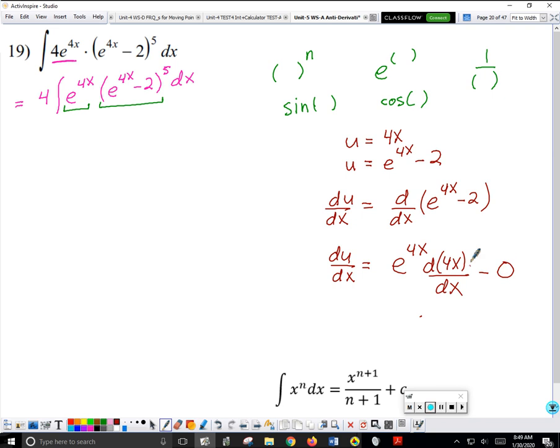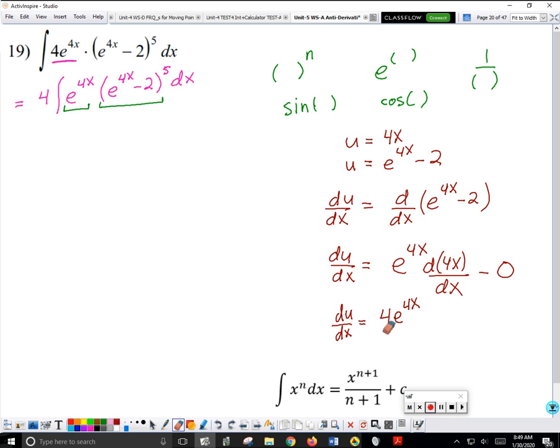So that's just 4. So now I have du over dx equals 4 multiplied by e to the 4x. This works because you don't have to worry about a multiplying constant. Multiplying constants are always going to be factored out anyway.